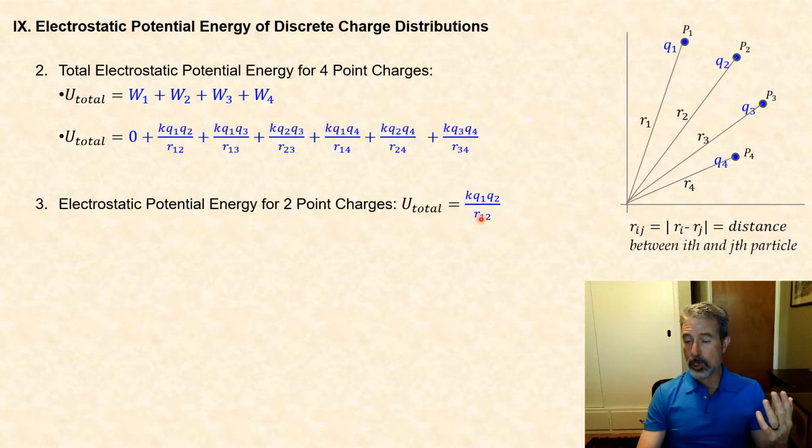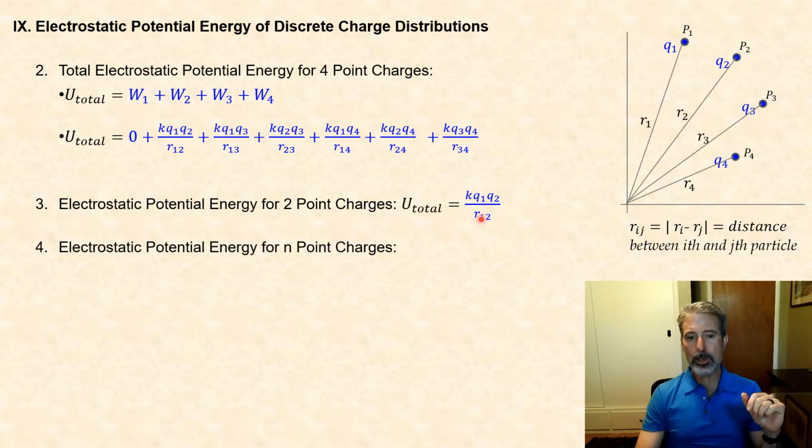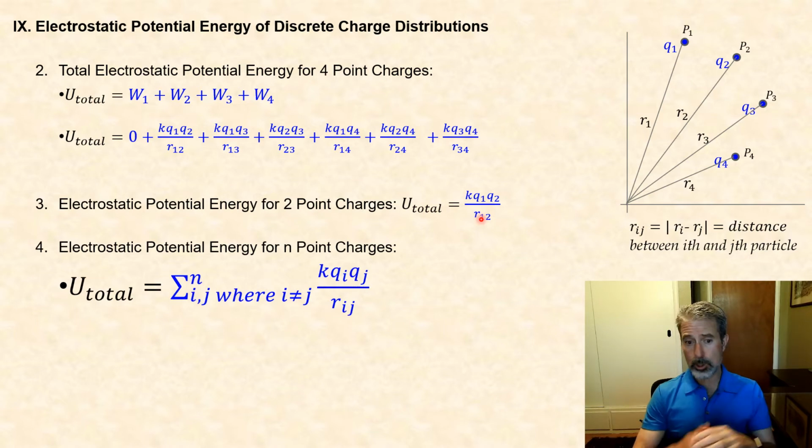If we want to generalize our discussion here, what if you had n point charges? Could we figure out a way to write this very succinctly? Well, yes, with this new notation that we introduced here. So the electrostatic potential energy for n point charges, we can use our summation notation here. We can write it like this.